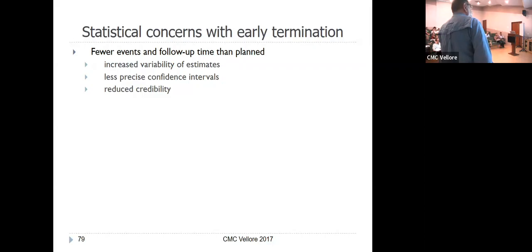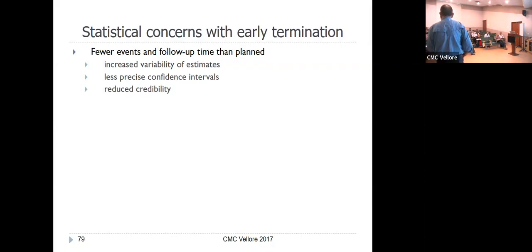When I report this, I will have less precise confidence intervals. I will have increased variability. And so the credibility of what I'm reporting as the hazard rate ratio or the relative risk is going to be questioned because I have a wider confidence interval. So I better make sure that I'm making the recommendation correctly. Because once I recommend to stop and the study is stopped, I cannot restart the study.